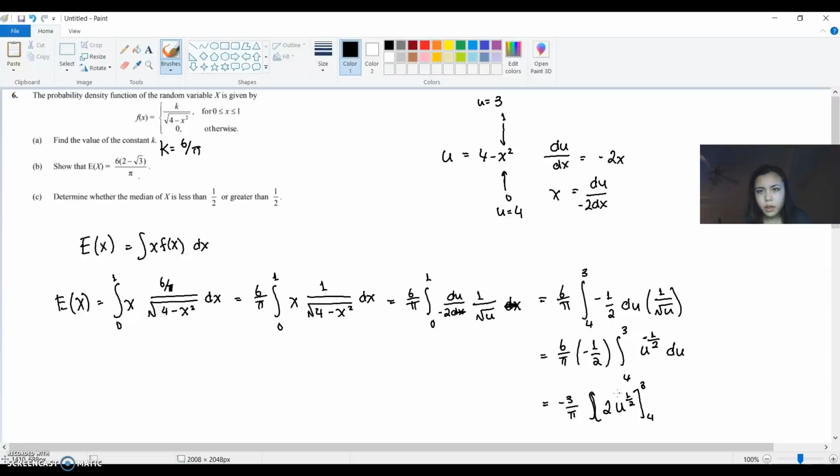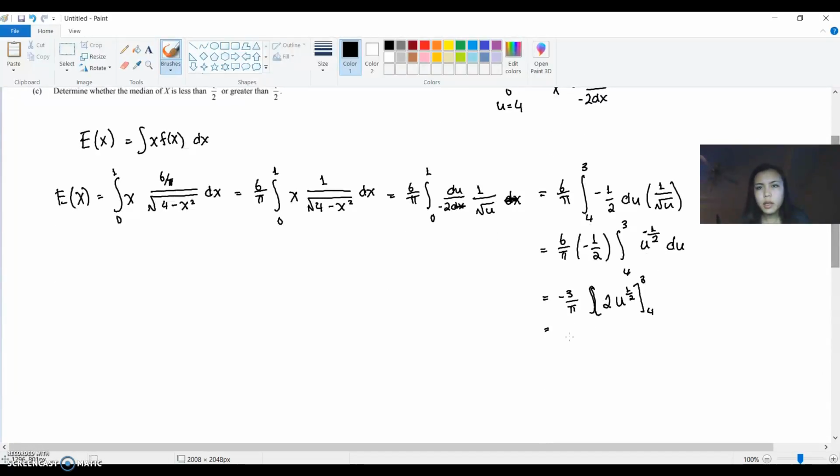Okay? So now we can bring the 2 back out because 2 is still a constant. That equals negative 3 over pi times 2, u to the 1 over 2 from 4 to 3.